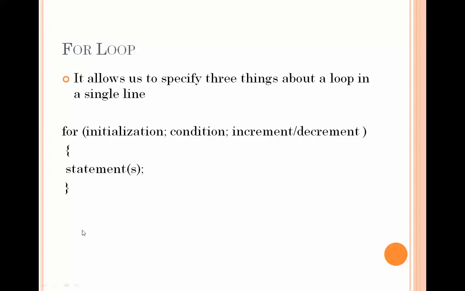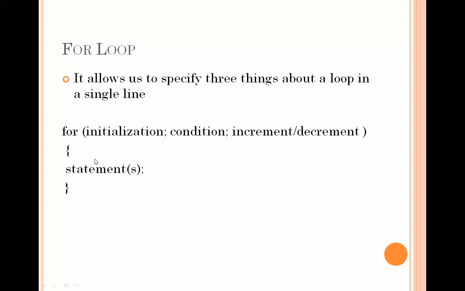You can clearly see from this syntax how we write a for loop. We first write the keyword for, then within the brackets the initialization of the counter, then the condition check, then the increment or decrement of the counter we have initialized, and then comes the block of statements.